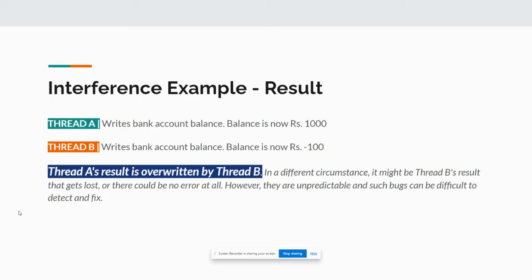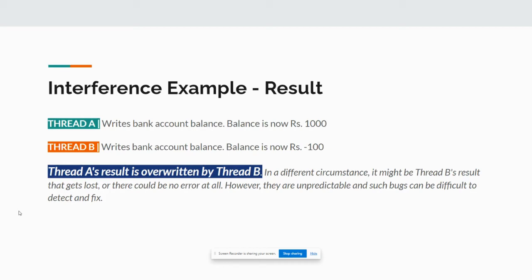Now the problem is, if we do not synchronize these two child threads with the main thread, and allow both of these threads simultaneous access to the main thread, both of these will write to that bank account balance.